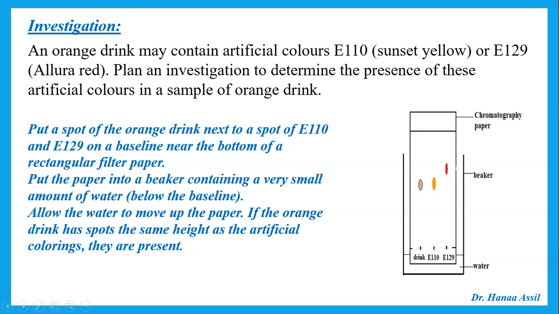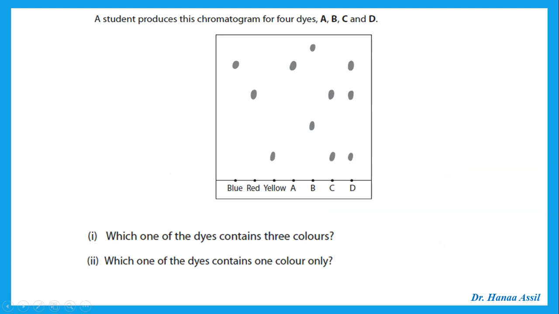Again, if he says a student produces this chromatogram for 4 dyes, so he has A, B, C, D, and he wants to know which of them is blue and which is red and which is yellow. And the question is, which one of the dyes contains 3 colors? Remember that a dye goes up vertically or on the same line going up, and he wants to know which one of the dyes has 3 colors.